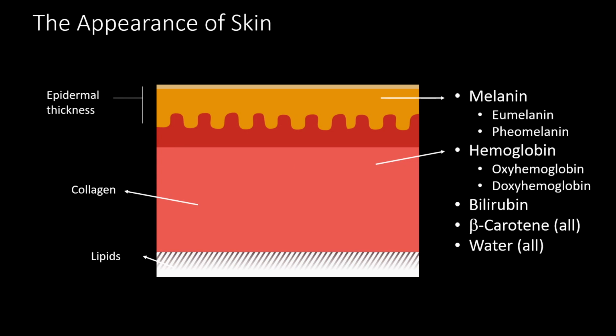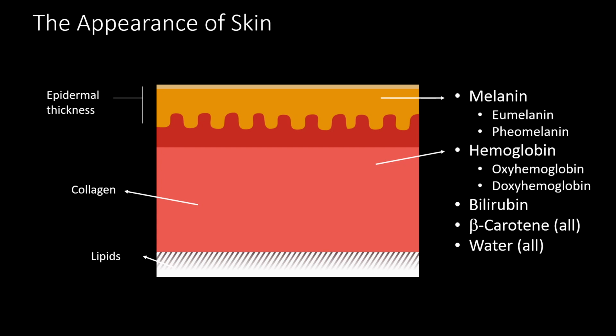The primary factor affecting the scattering are the collagen fibers. Other structures, such as keratins, have lesser impact. For absorption, the major chromophores are melanin, with two types, eumelanin and pheomelanin, present in the epidermis. Hemoglobin, present in the blood in the dermis, which can be oxygenated or deoxygenated.